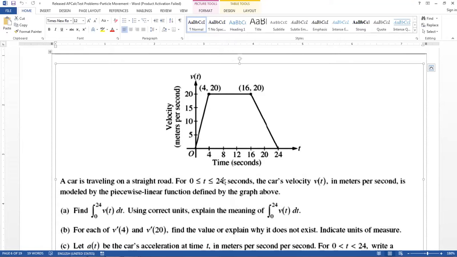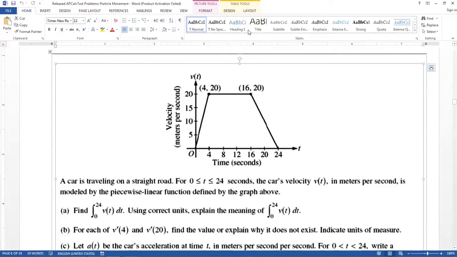This is 20, this is 24, this is 4, and 8 is right here, and this is 16.